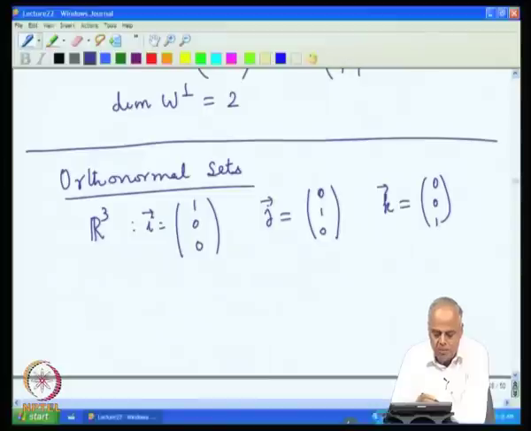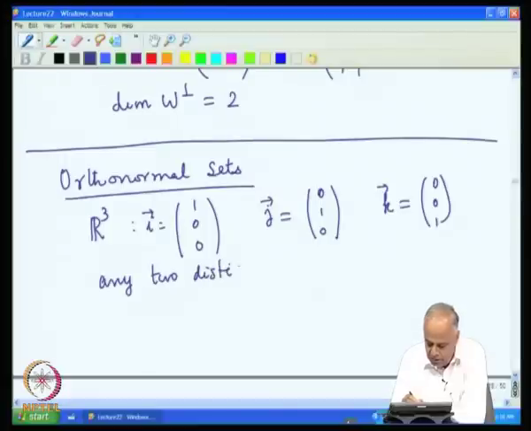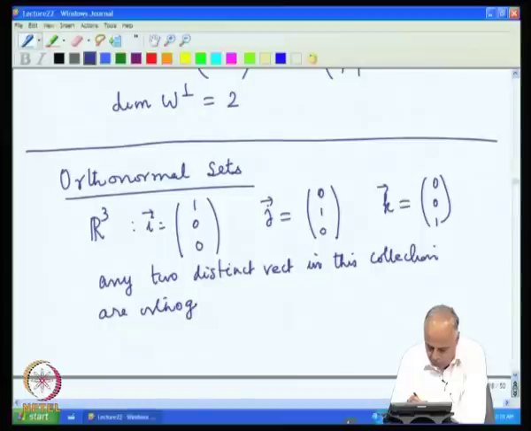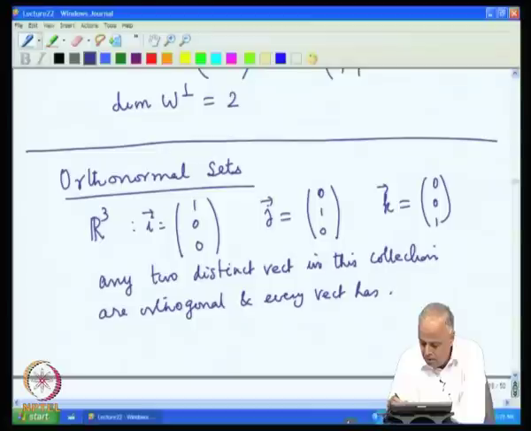These vectors have the property that any two distinct vectors in this collection are orthogonal, and every vector has length 1.